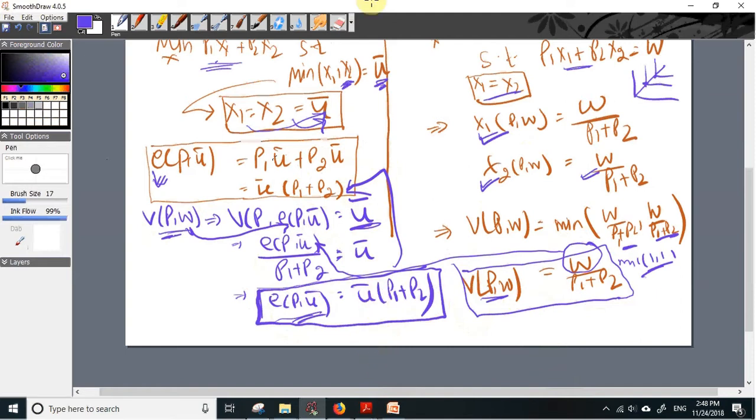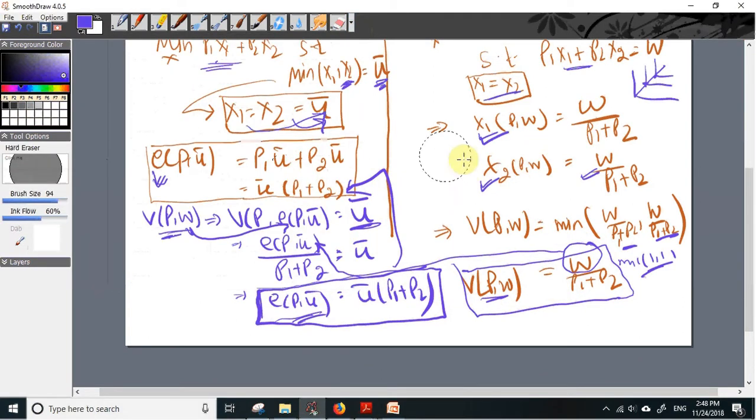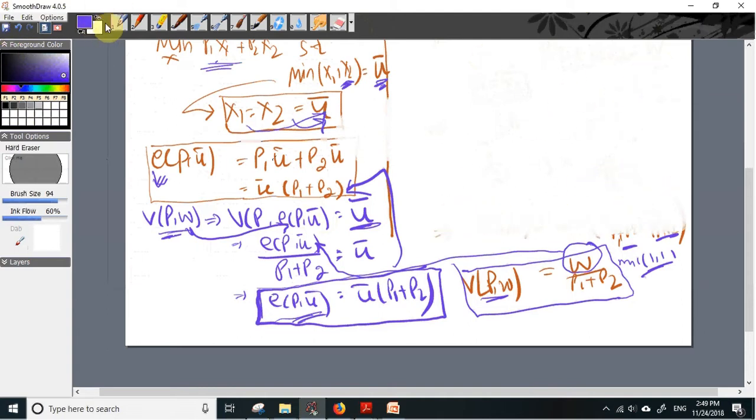Now we can see that this expenditure function also has the properties that we talked about in an earlier video. Let us mention some of the properties. The first property is that this expenditure function is strictly increasing in u bar.